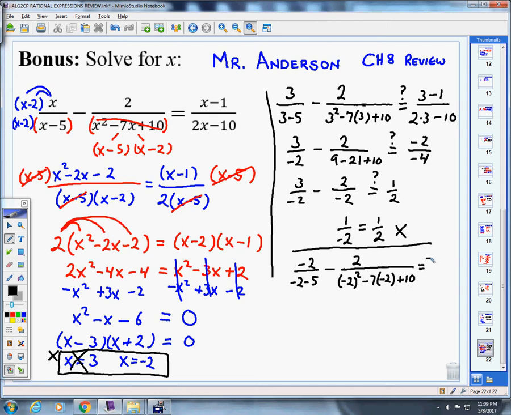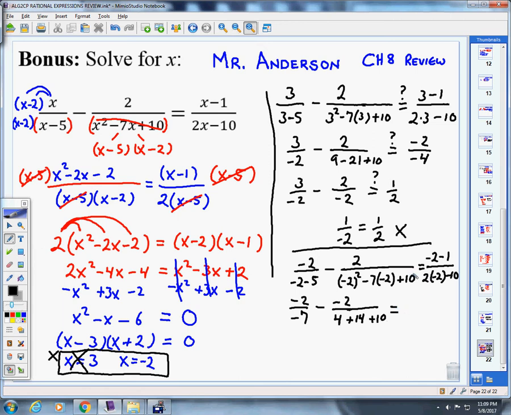And does that equal negative 2 minus 1 over 2 times negative 2 minus 10? Okay, so I got negative 2 over negative 7 minus negative 2 over negative 2 squared is 4, minus 7 times negative 2 is negative 14, and I'm subtracting, so I'm going to be adding 14 and then adding 10.